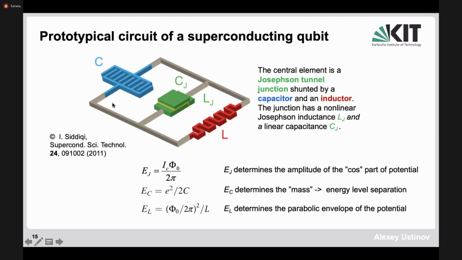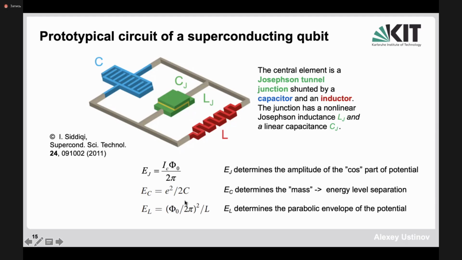And then in parallel, you may have either capacitance, like you have for transmon qubit, or inductance, or both. So nothing prevents having both. And therefore, one has to take into account the three energies which are characterizing this generic circuit. The first energy is the Josephson energy, which is the critical current of the junction times the flux quantum divided by 2 pi. So it determines the amplitude of the cosine potential.